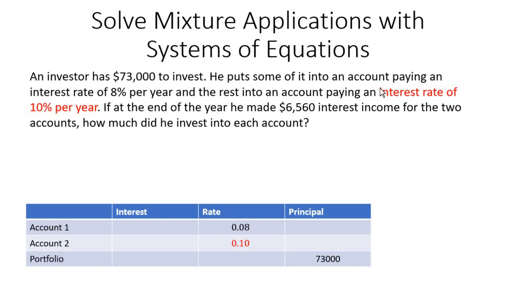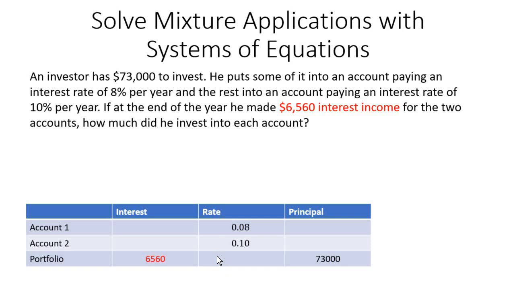So that interest amount, $6,560, I'm going to put that in the interest column on the portfolio row. This is a dollar amount, while in this column we have interest rates. So over here we'll have dollar amounts, here we'll have interest rates.